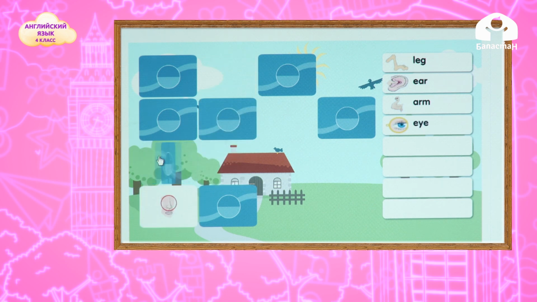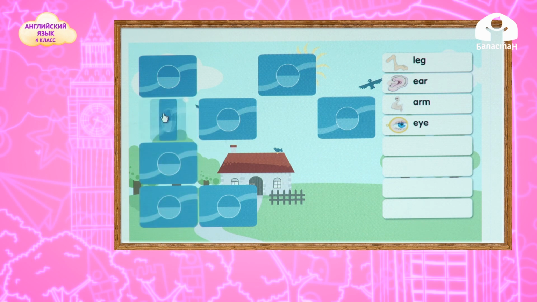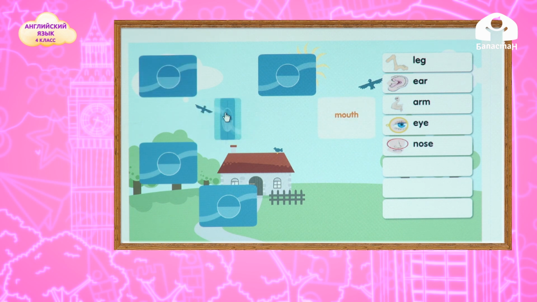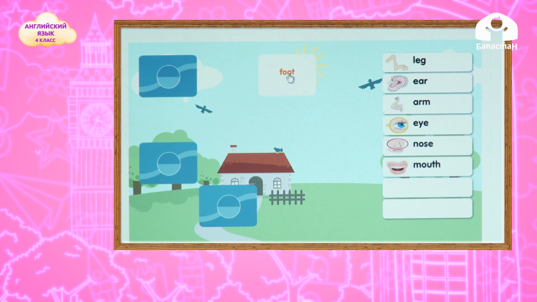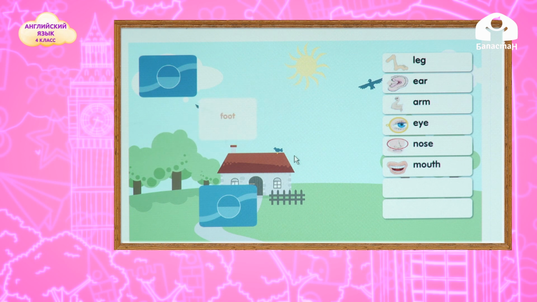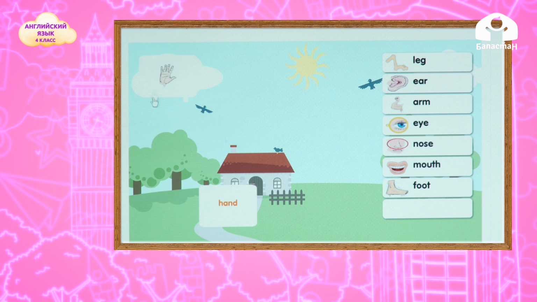Nose, foot, nose, hand, mouth, foot, hand, foot. Now we have the last word. Hand. Good job, children.